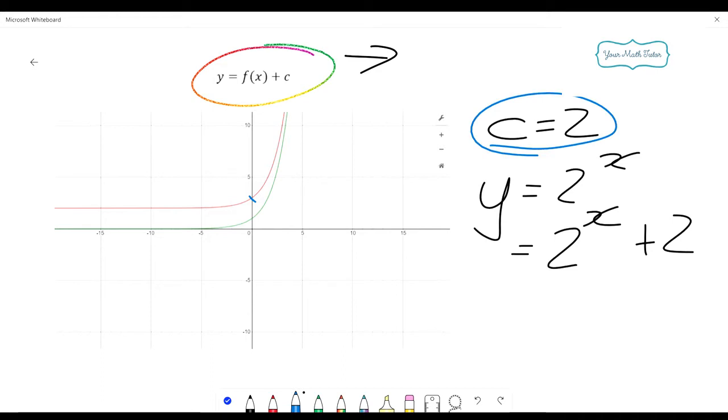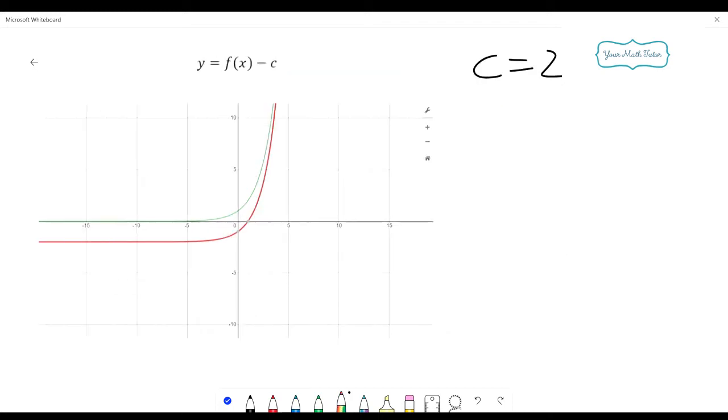Let's look at x equals 1. It was 2, but now it is 4, so it has shifted 2 units upwards. Similarly with x equals 2, it was at 4, but now it is at 6. So the transformation shifts the graph upwards by the factor of c. In our case, the factor of c is 2.